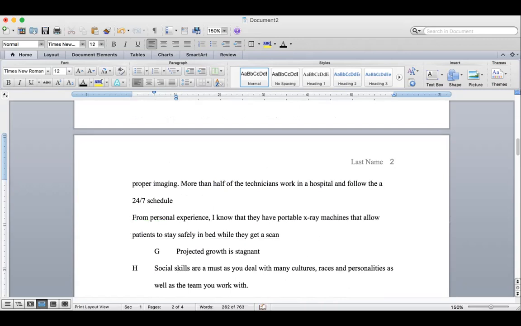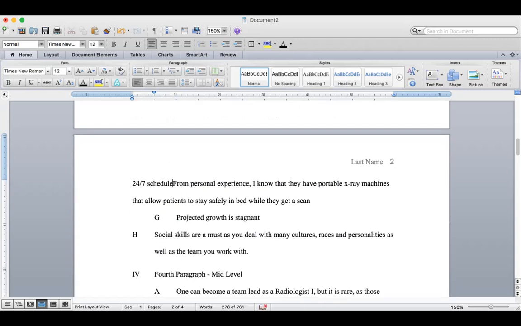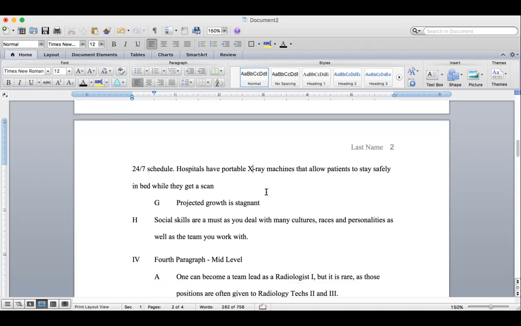So, okay, some of this needs to be put out. You could just say hospitals have that allow, and I believe, correct me if I'm wrong, but I think X-ray is a capital X.